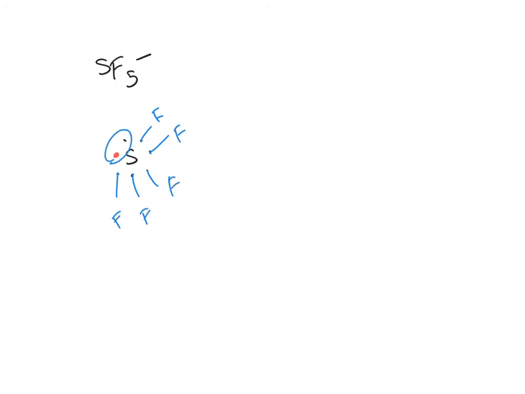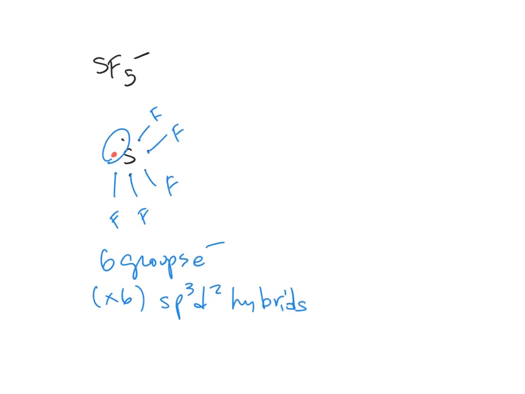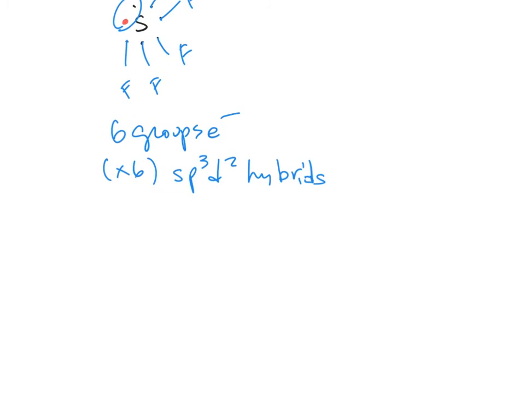And a lone pair, so there's 6 groups of electrons. Therefore, you're going to need 6, in this case, sp3d2 hybrids. And you would draw the VSEPR structure. Normally we put the lone pair below, if you remember.